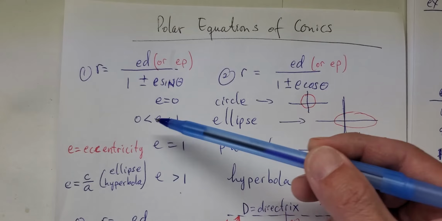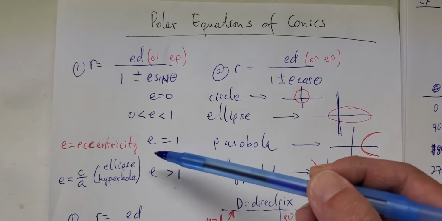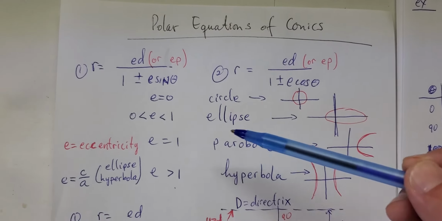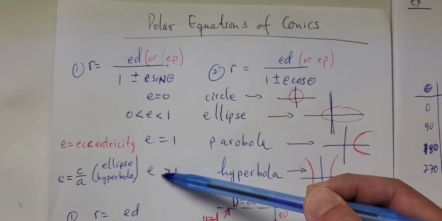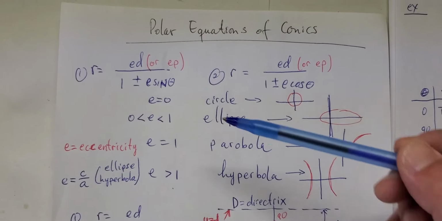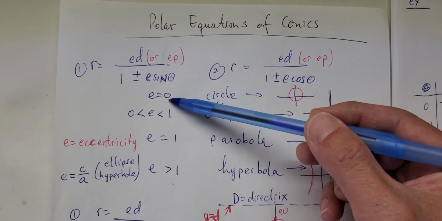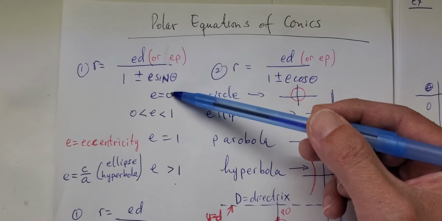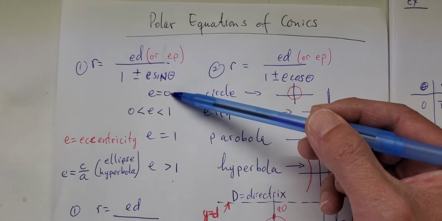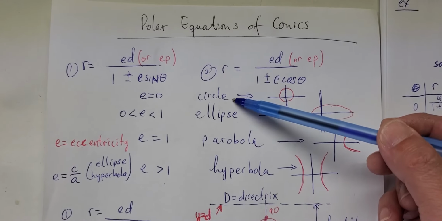If E is between 0 and 1, you have an ellipse. If E is equal to 1, parabola. E is greater than 1, hyperbola. So that's what I forgot about. It's the circle from the first part of the video.